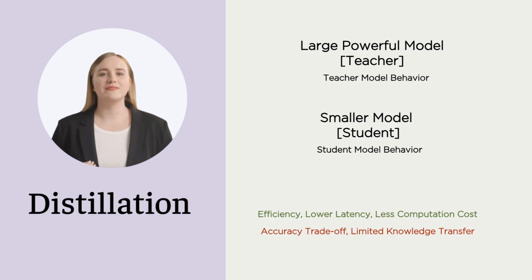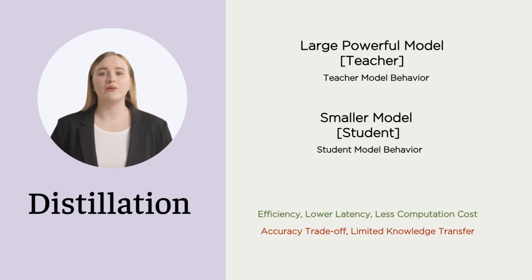Model distillation. Distillation refers to compressing a large, complex model, called the teacher model, into a smaller, simpler model, called the student model, which mimics the performance of the original model, but with fewer parameters. How it works. A large, powerful model, teacher, is first trained on a task or dataset.